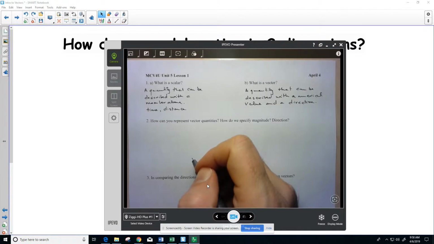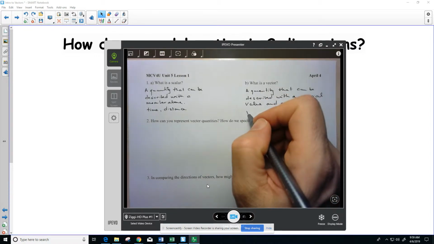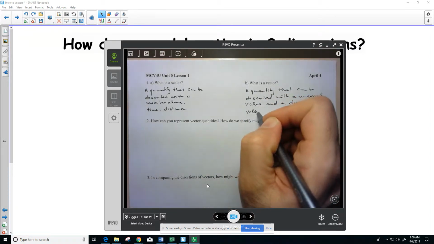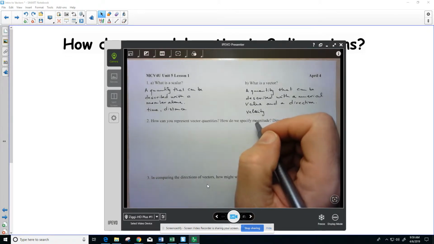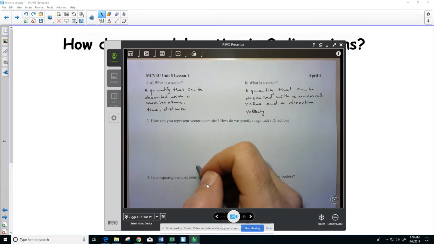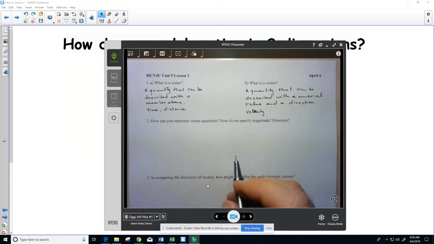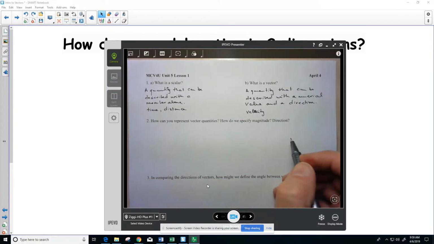If we think about things that need a direction, instead of distance, what if we're talking about the velocity? The velocity is not just how fast you're going, but also the direction that you're going. So it's not enough to say I traveled at 2 kilometers an hour. I traveled at 2 kilometers an hour in the north direction or in the east direction.